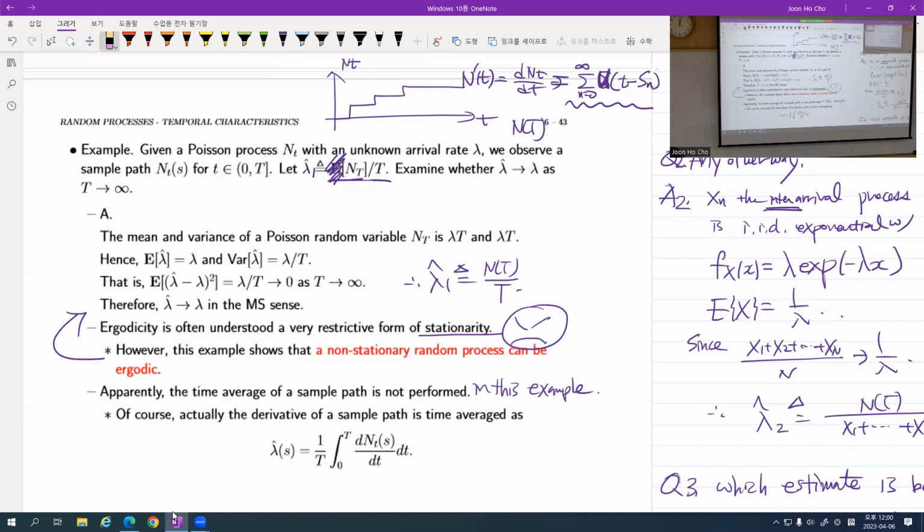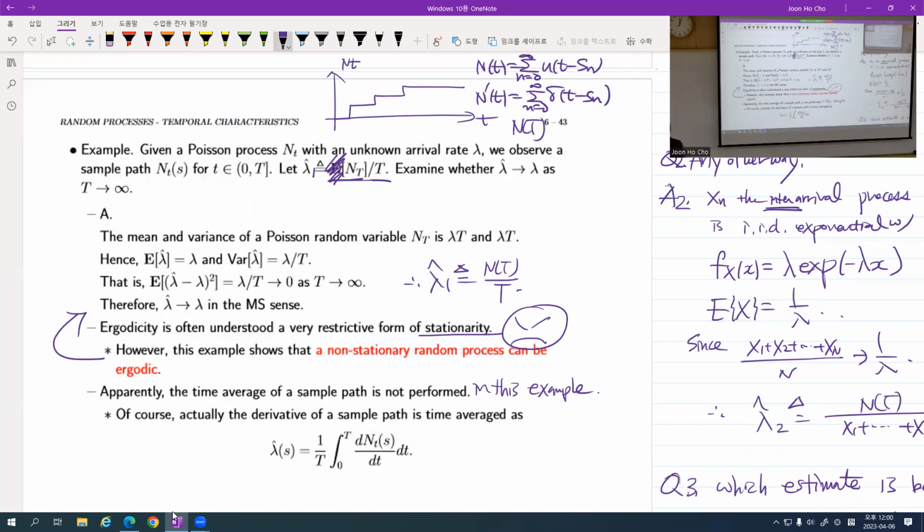Let me quickly fix this. N of t equals the sum of u of t minus S sub n, and N prime of t is the sum of delta of t minus S sub n.